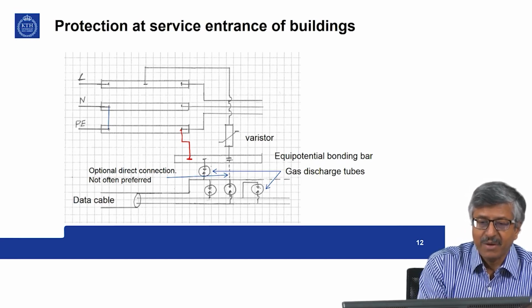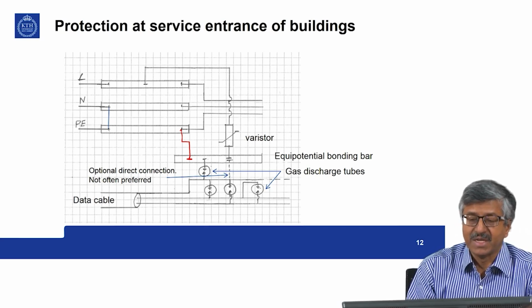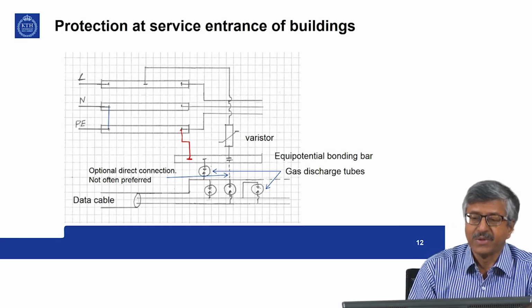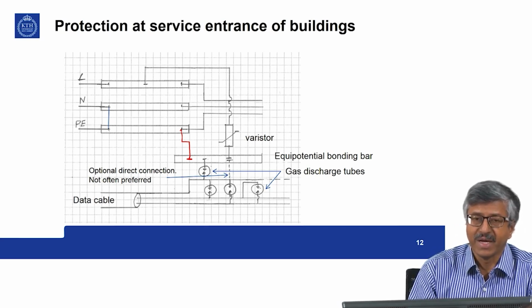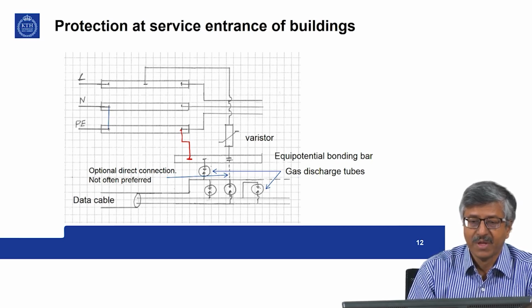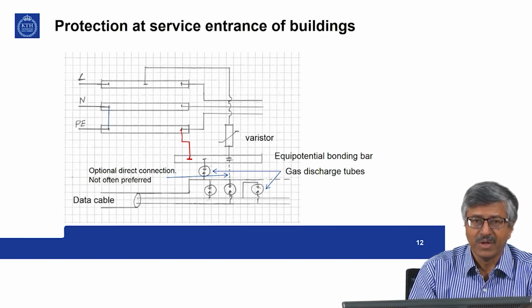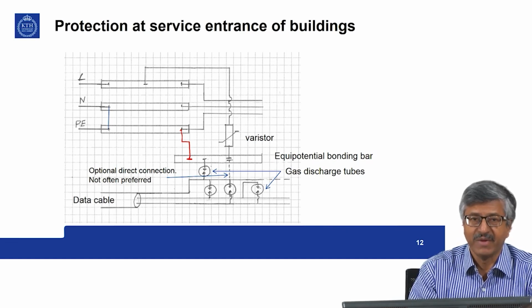So, this can be one protection at service entrance. More complicated versions you can also get. You can get it in module form from different types of equipment manufacturers. So, this is generally a small introduction to protection of buildings, various elements.